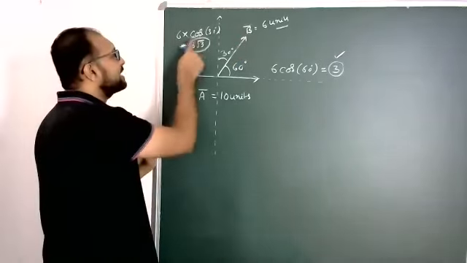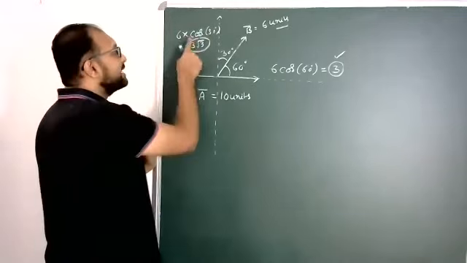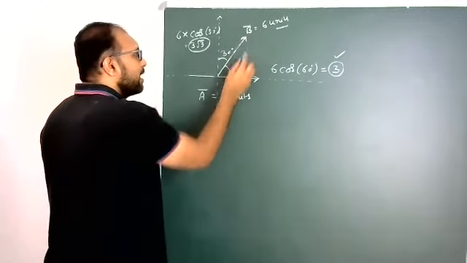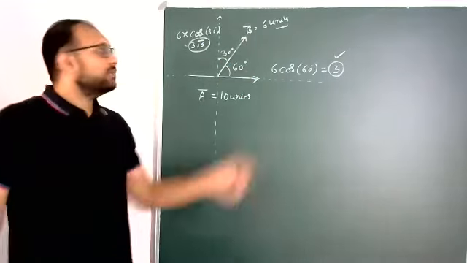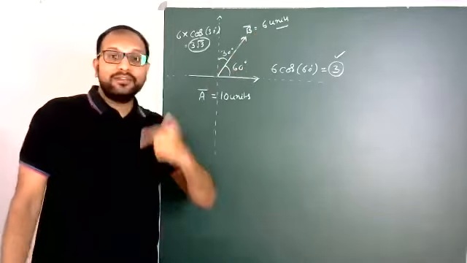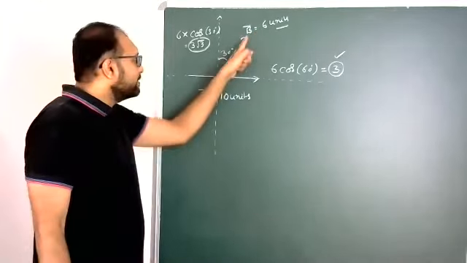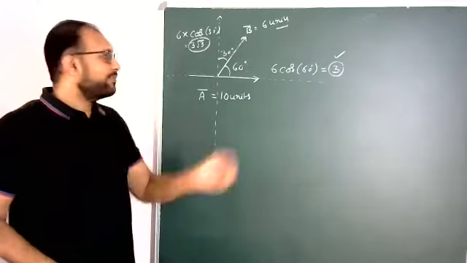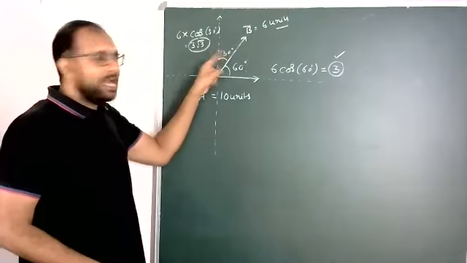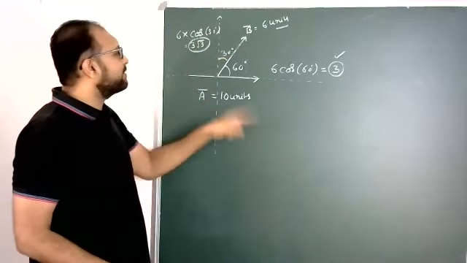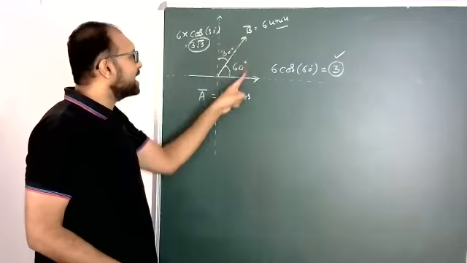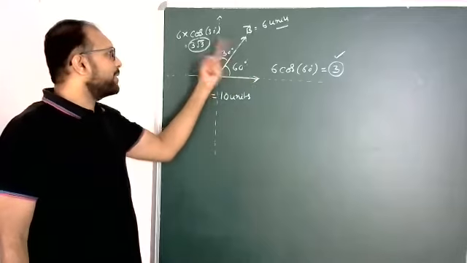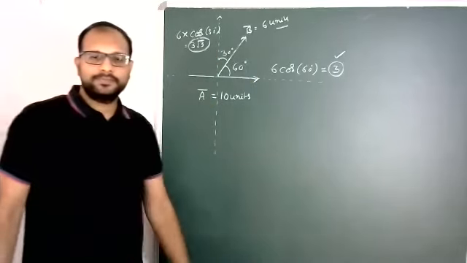Again here it is 6 cos 30. Instead of this, some students will directly find it with the help of 60. How? B into sine 60 gives again this component. Both are the same. So instead of finding this angle and writing cos 30, you can write directly sine 60, which is the opposite, meaning this component. Cos is this component, sine is this component.